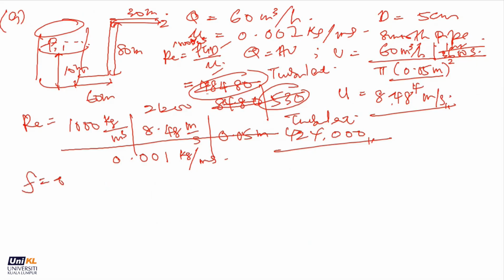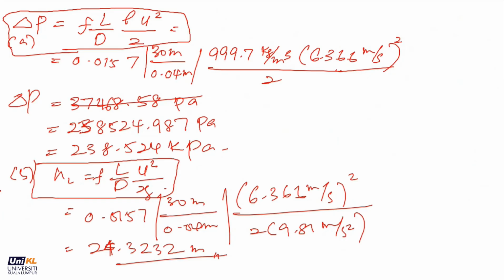So F is 0.012, and HL equals F L over D times U square over 2G.